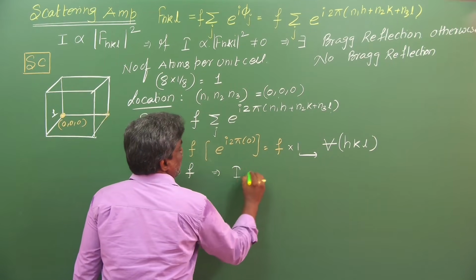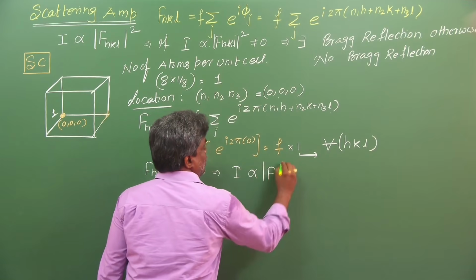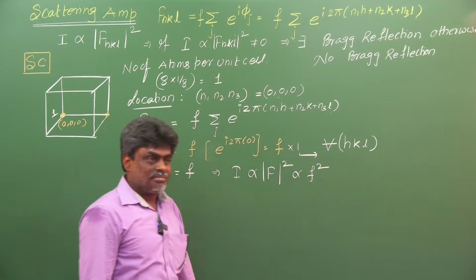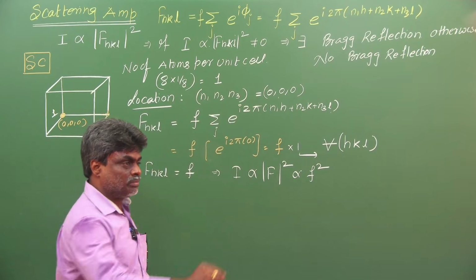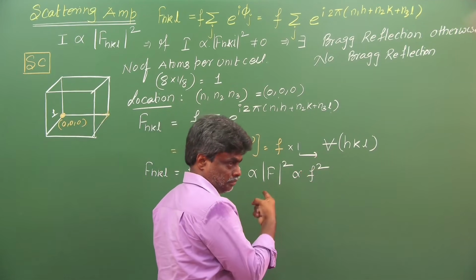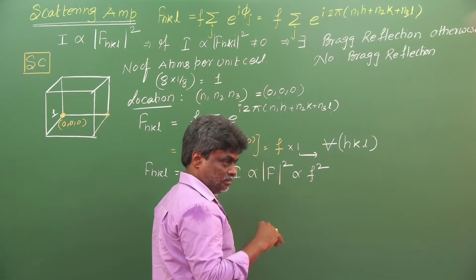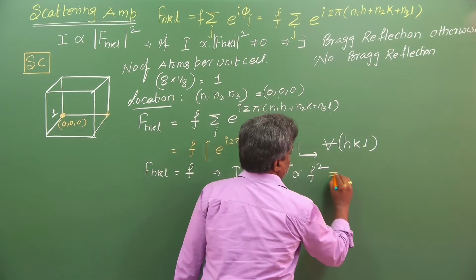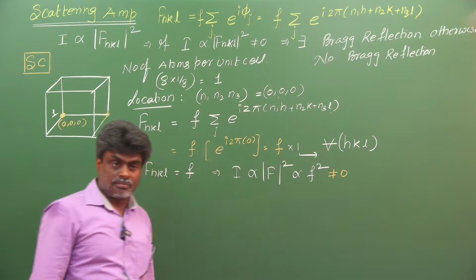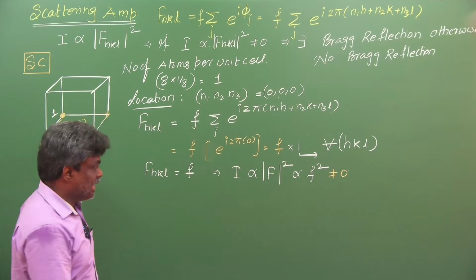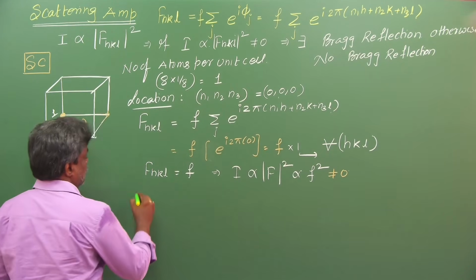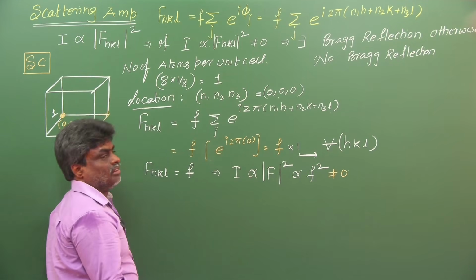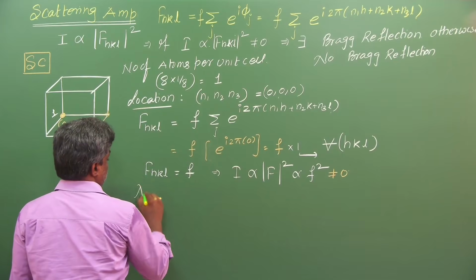That's why the intensity is directly proportional to the square, which is proportional to how much? Is it 0 or non-zero? Non-zero. That means there exists a Bragg reflection or not? That means which planes are getting a Bragg reflection? All HKL planes.